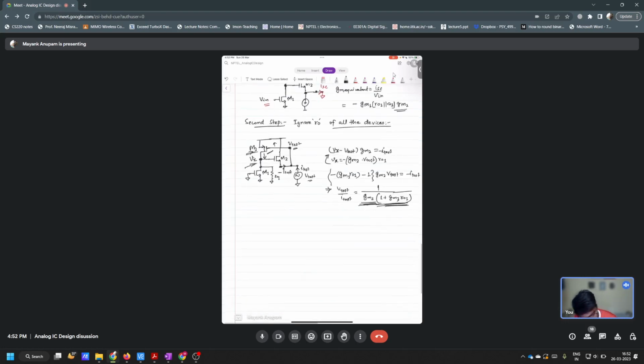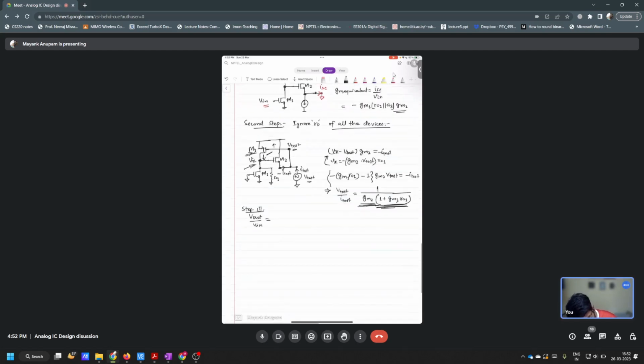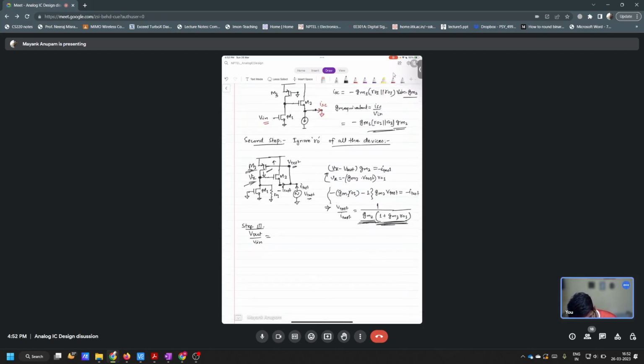So this is R out. Okay, so what is the gain, V out by V in, should be equal to what? This is Gm equivalent, isn't it? Yes, sir.